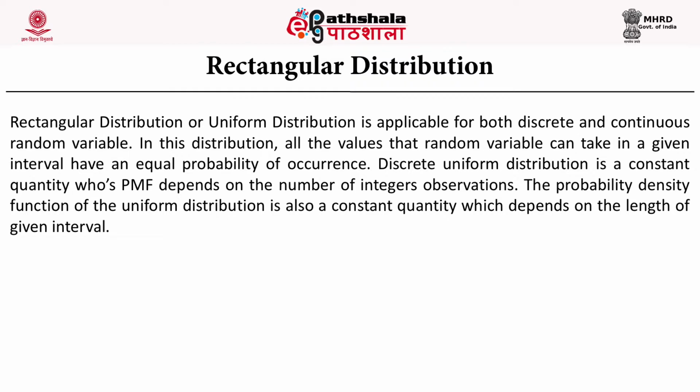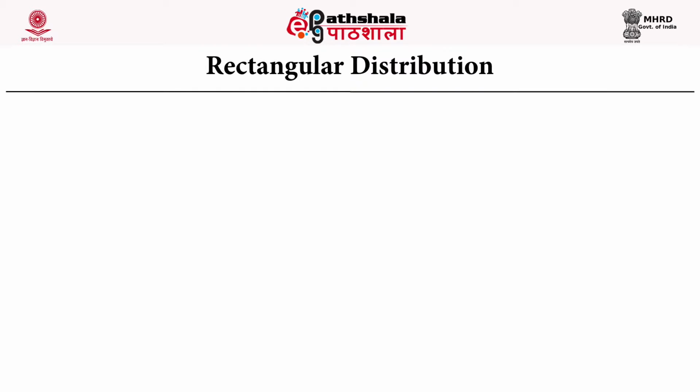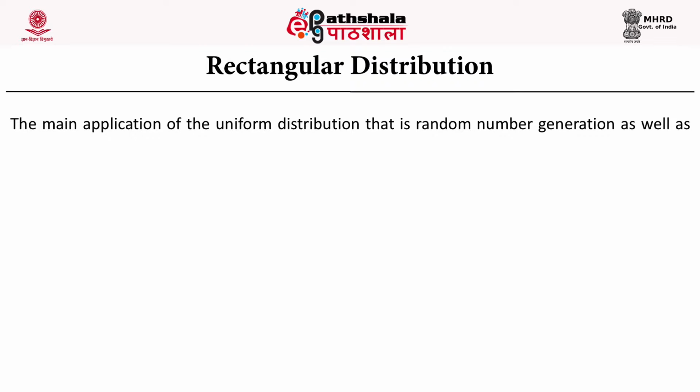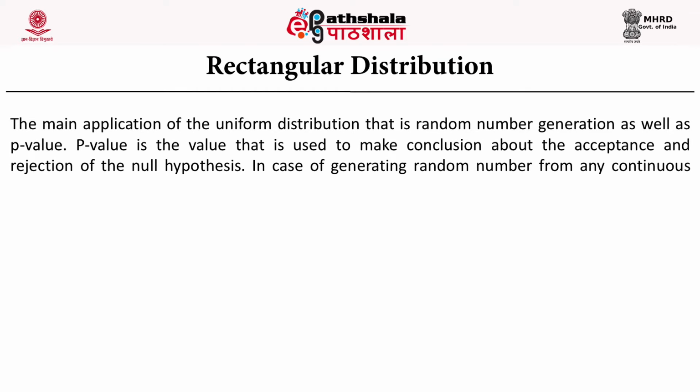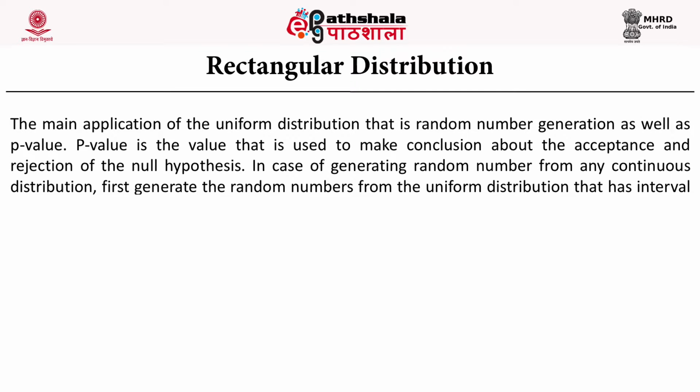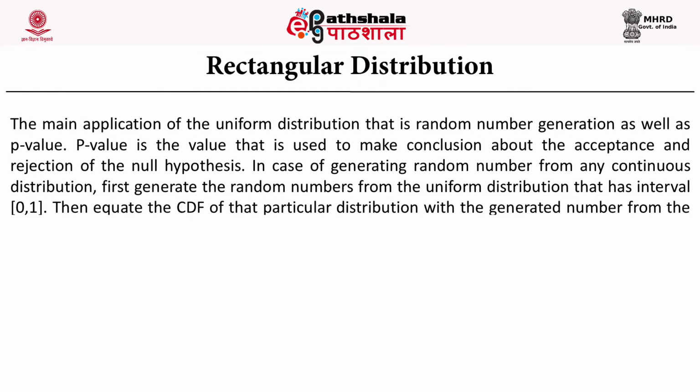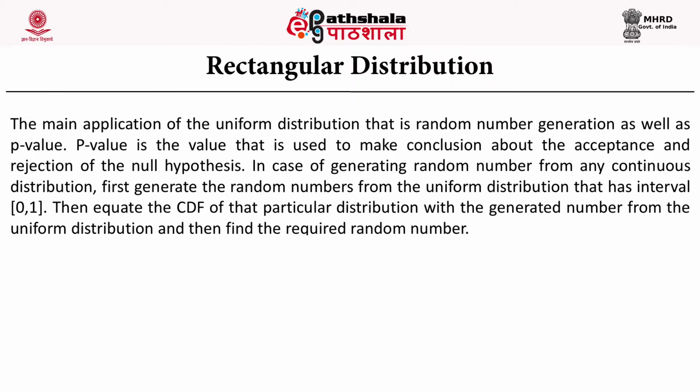The probability density function of the uniform distribution is also a constant quantity which depends on the length of the given interval.